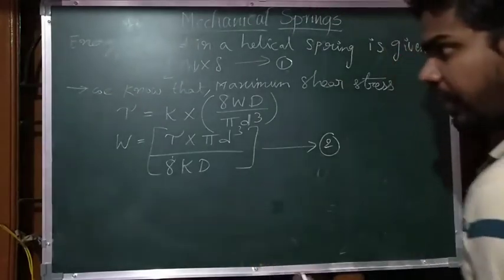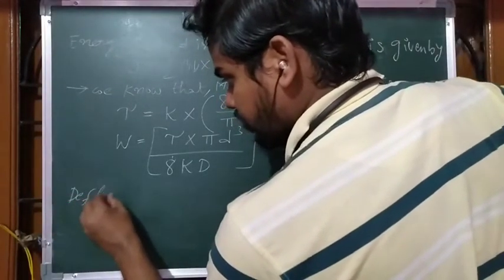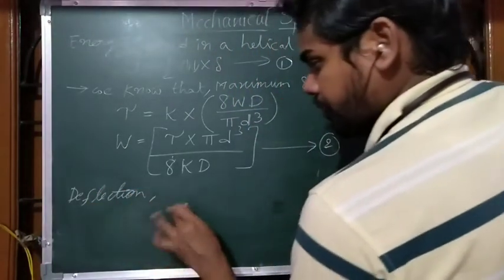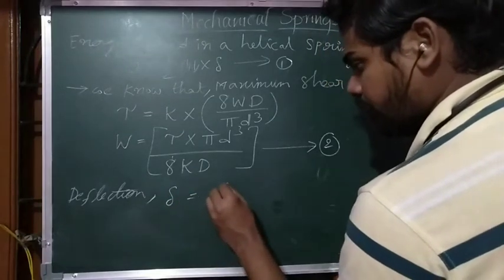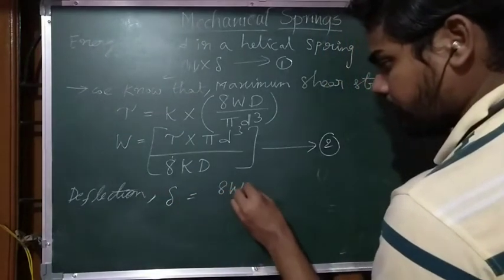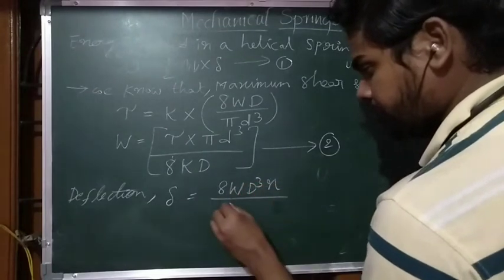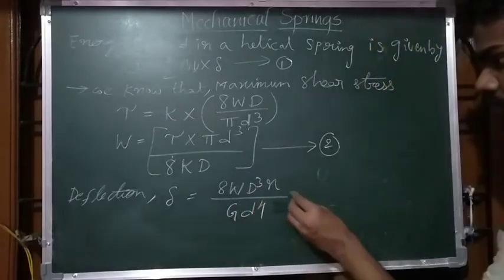Again, we know the deflection of a helical spring. So delta is equal to another formula, 8W D cube n by G d power 4, equation number 3.